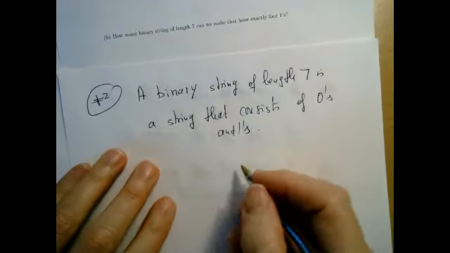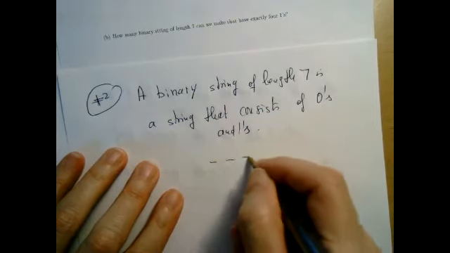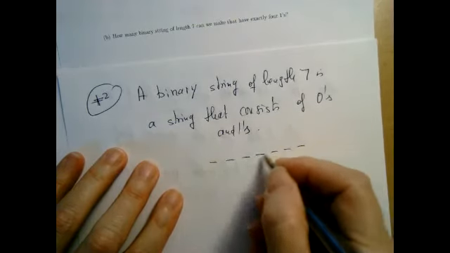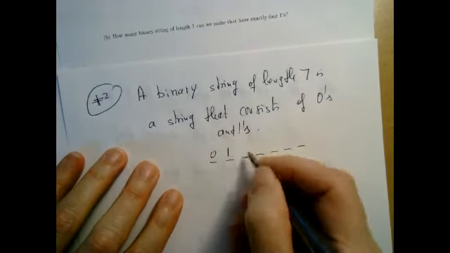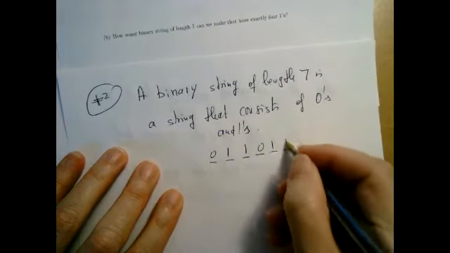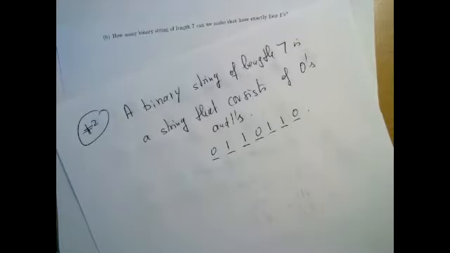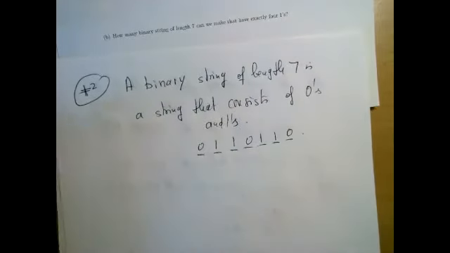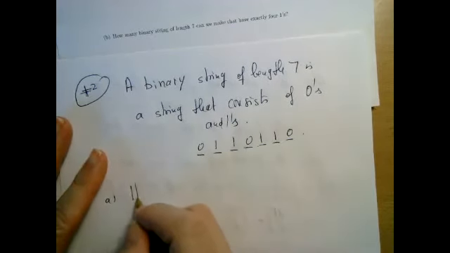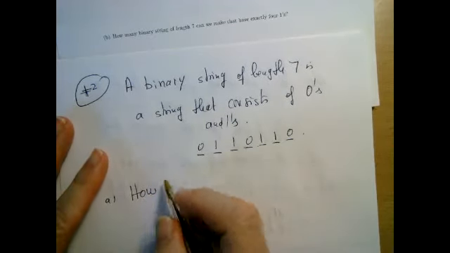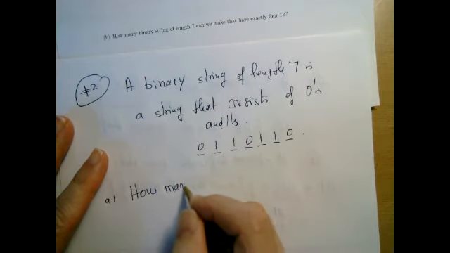A typical binary string of length 7 is 1, 2, 3, 4, 5, 6, 7, something like that: 0, 1, 1, 0. That's what a binary string is. So my first question, of course the easy one always, is how many binary strings of length 7 do we have?